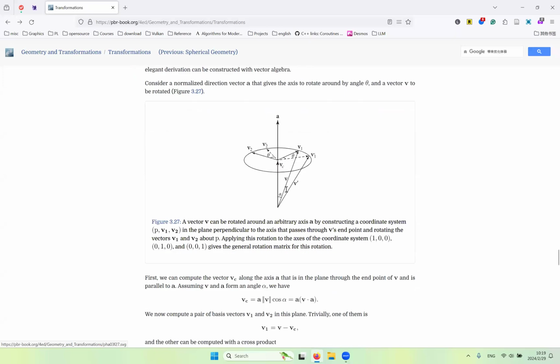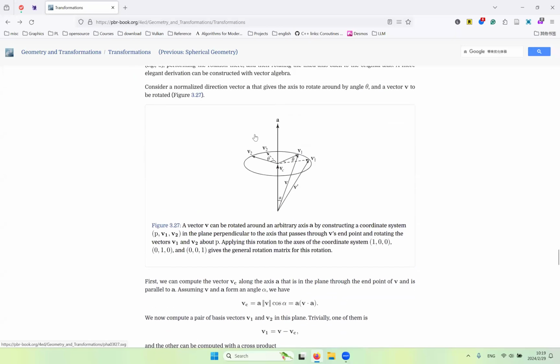I think I learned this from that Professor Ravi something. He's very famous for pre-compute radiance transfer kind of stuff, and he also had a graphics course, and I learned it from him.